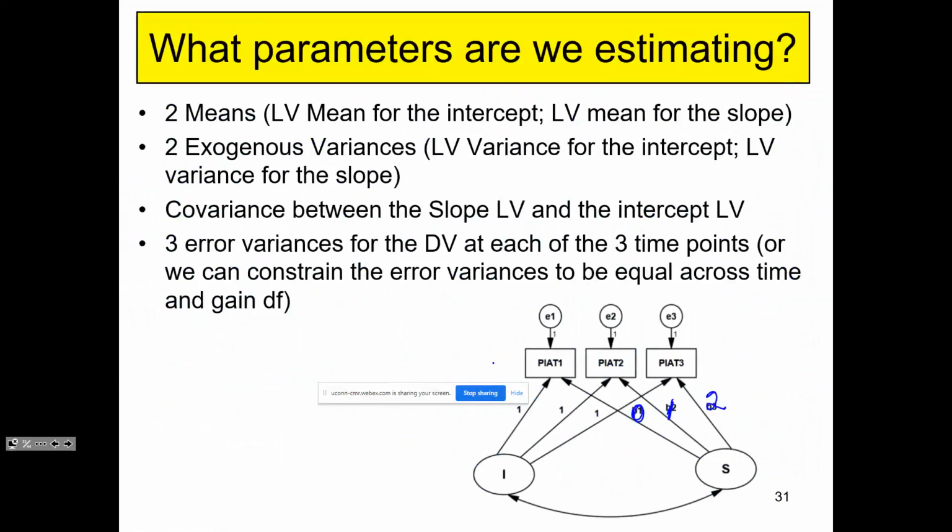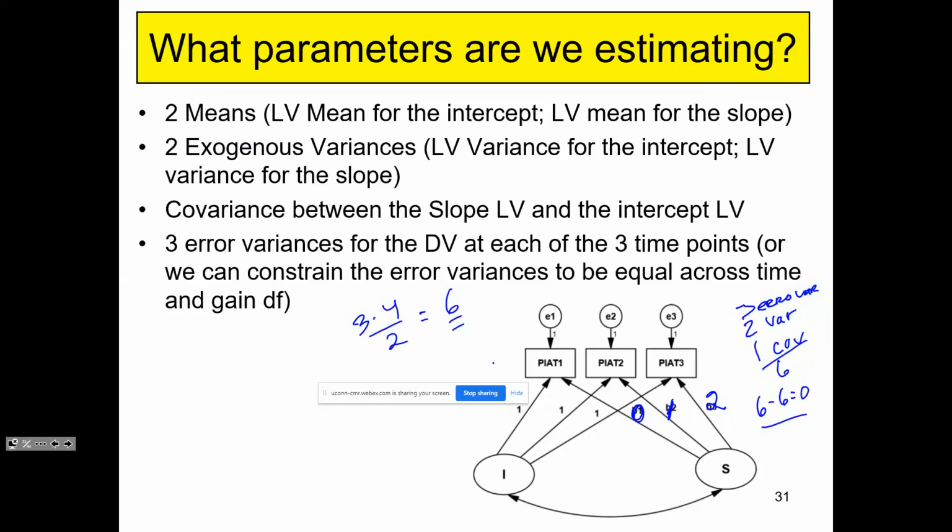If I had asked you to count the degrees of freedom before we talked about means and intercepts, you would have said 3 error variances, 2 variances, 1 covariance, and I've got 3 times 4 divided by 2, 6 pieces of information. 6 minus 6 is 0, and you would have said this is a just identified model. And it is, in the variance covariance structure.